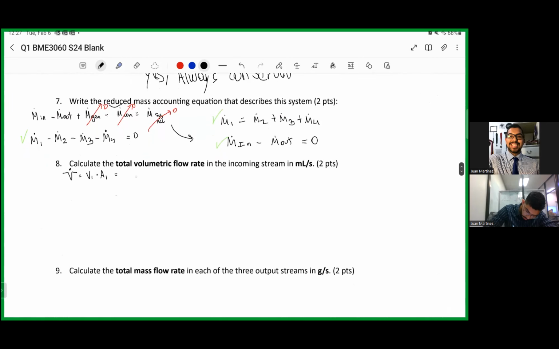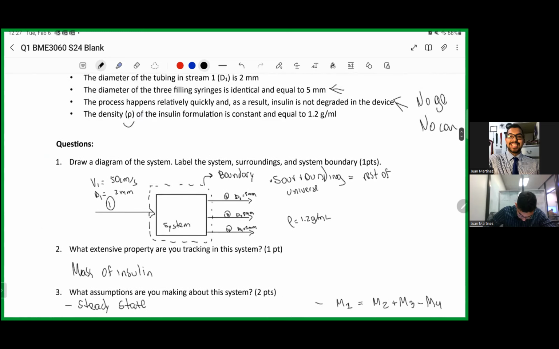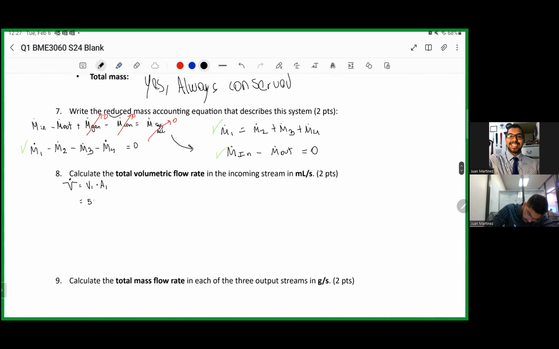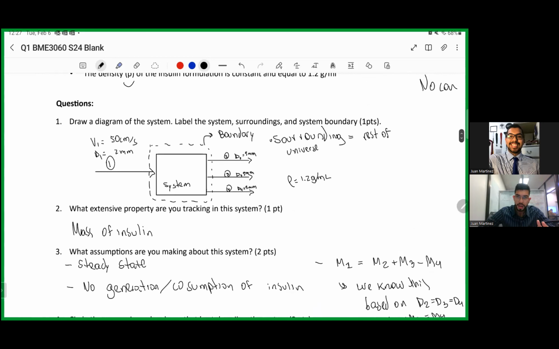So for the velocity 1, it's going to be 50 centimeters over second times, also another important thing, a millimeter is not the same as a centimeter.